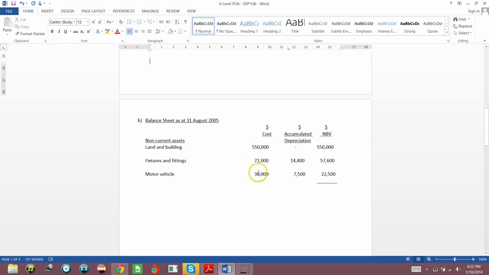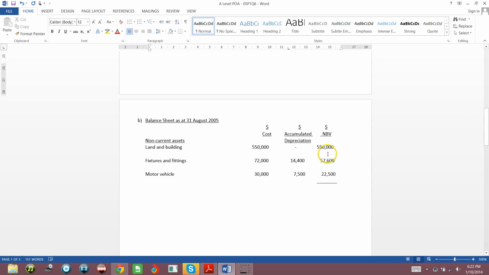So this is his cost, and this is the accumulated depreciation, that means how much the fixed asset lost value throughout the year. Net book value means how much his fixed asset is worth, roughly, approximately, at 31st August 2005.